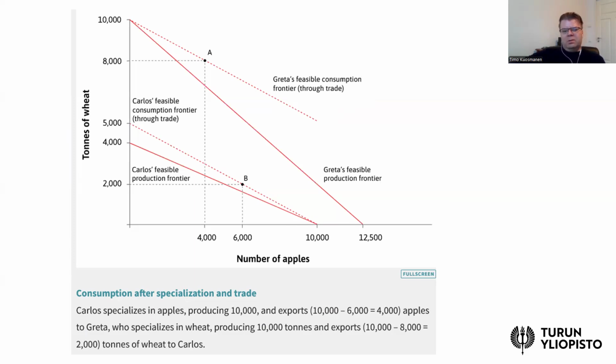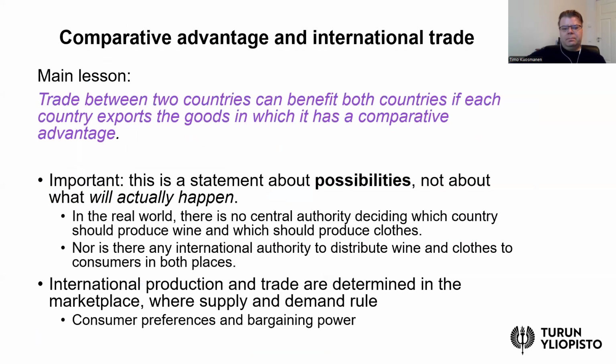So this depends on the bargaining power and how they can argue for their case. But there is no specific theory that says how the slope is actually determined, nor is there any international authority that can say, okay, this is the right price that you need to follow to sell. Okay.